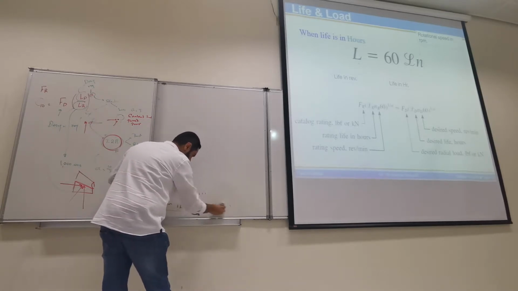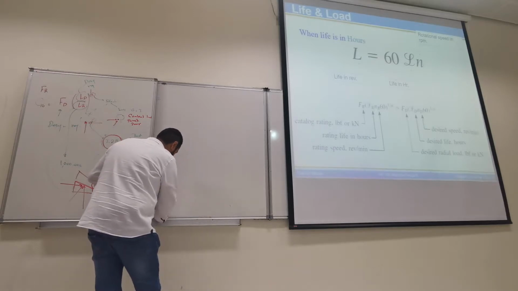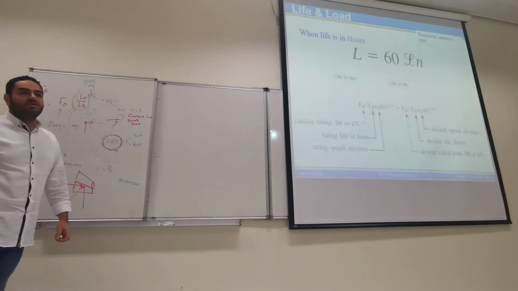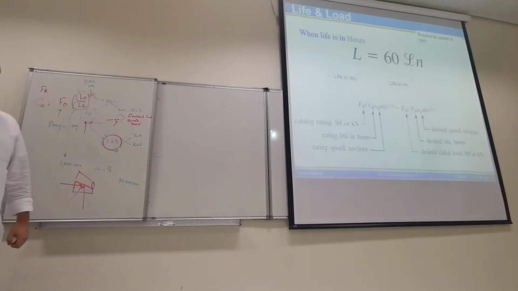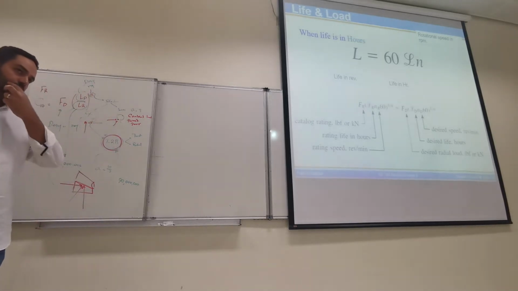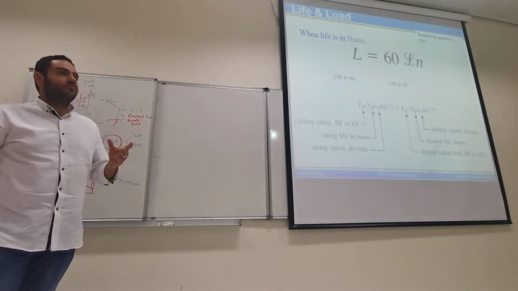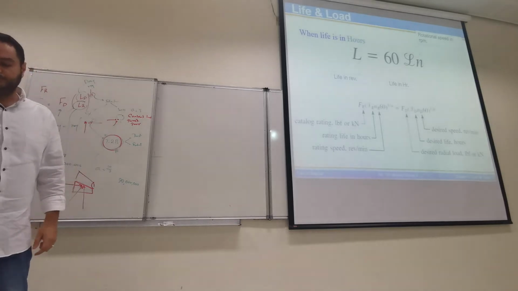Based on that, you can find the life. And sometimes they can give you the application, but without giving you how many hours it should live. So based on the application, you have a range of working hours. We'll show it soon.